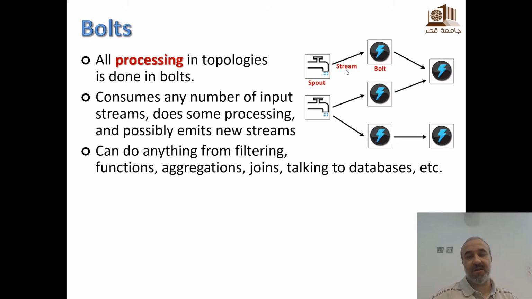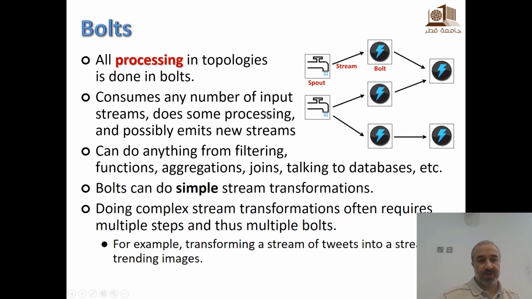As you see here in the topology, this bolt is connected to two bolts, which means that the stream coming out of this bolt and the stream coming out of this bolt are both input to that bolt. So that bolt will process both of these streams. Or it can be connected directly to the spout. It's up to you, depending on what you need to do in your application.